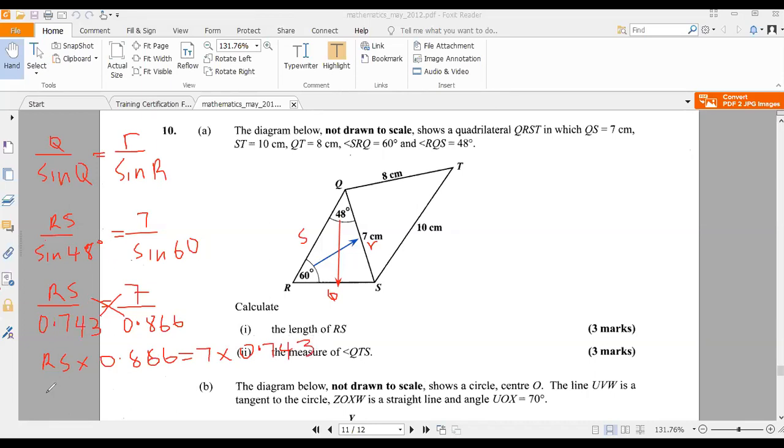So we're going to get RS times 0.866 is equal to, now let's multiply 7 times 0.743 and see what we get, please. Talk to me, guys. What do I get? 5.201.